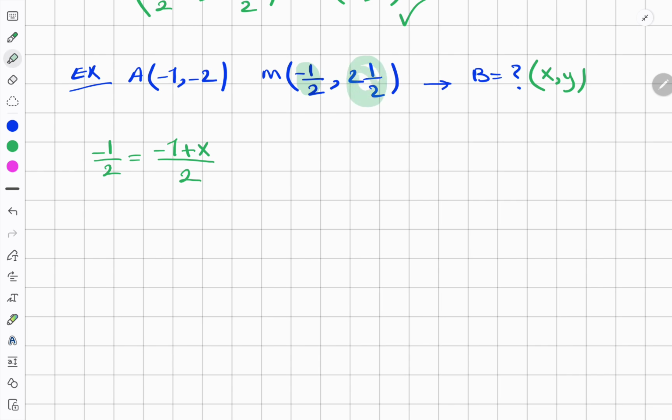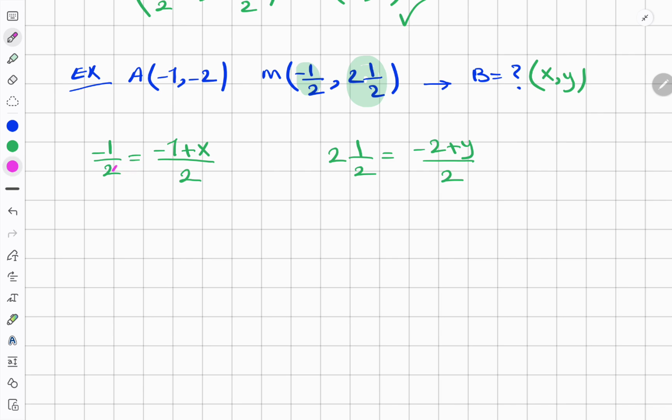And 2.5, which is a mixed number, is the average of -2 and y, the average of y's.